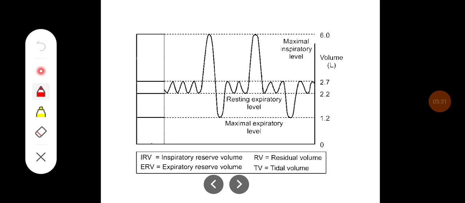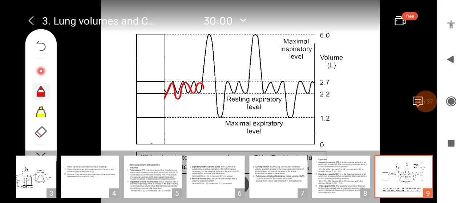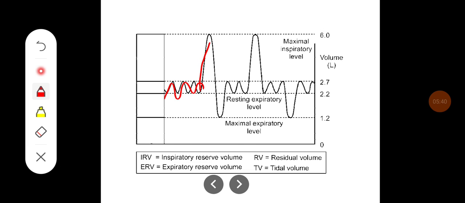These are the tidal volumes, inspiration and expiration, and this is the inspiratory capacity, which includes the tidal volume plus inspiratory reserve volume, and this is the expiratory reserve volume, and from here it is the expiratory capacity, which includes tidal volume and expiratory reserve volume, whereas the vital capacity is from the maximal inspiration to the maximal expiration.